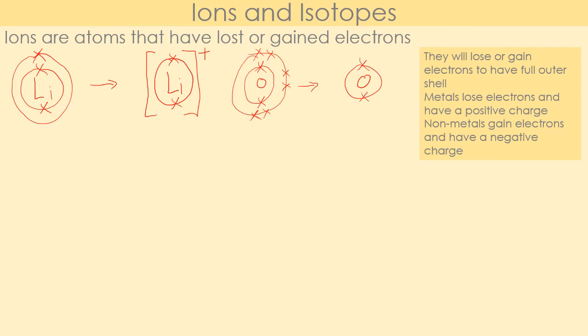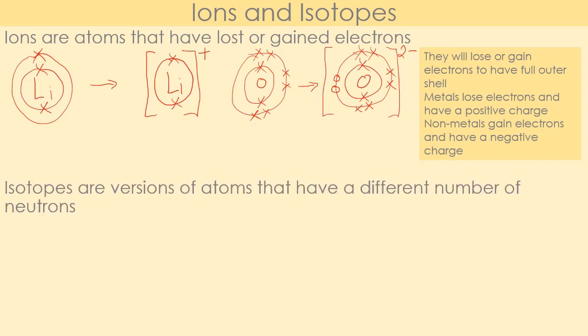We've got our 2 electrons first, my 6 that I already had, and then my 2 more electrons. Again, to show it's become an ion, I'm drawing my brackets around it, and I'm going to work out my charge. I've gained 2 electrons, so I have a charge of 2 minus, because my electrons are negative.